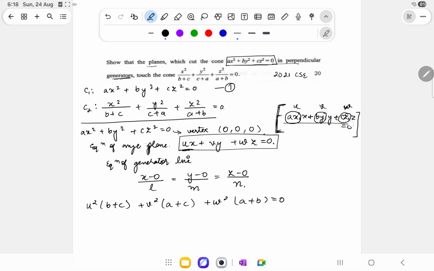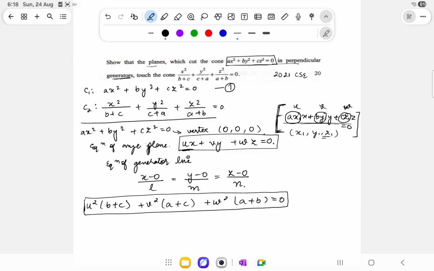So this will be the tangent plane at any arbitrary point (x1, y1, z1). This is my condition when the plane ux plus vy plus wz will cut the cone in perpendicular generators.